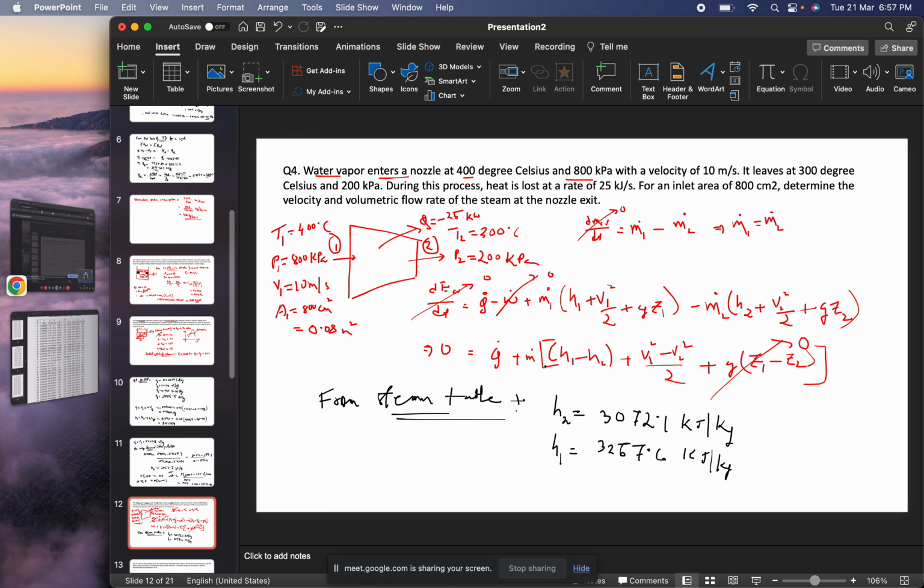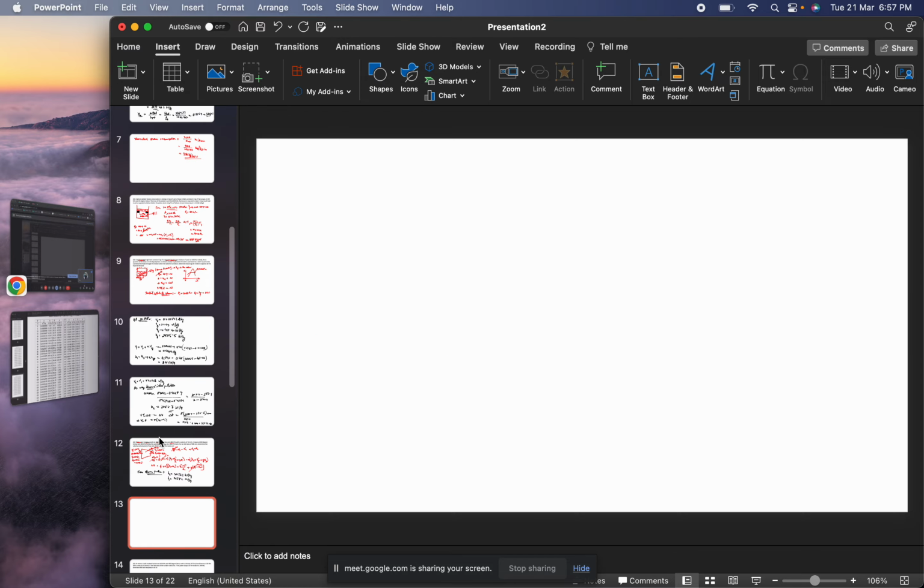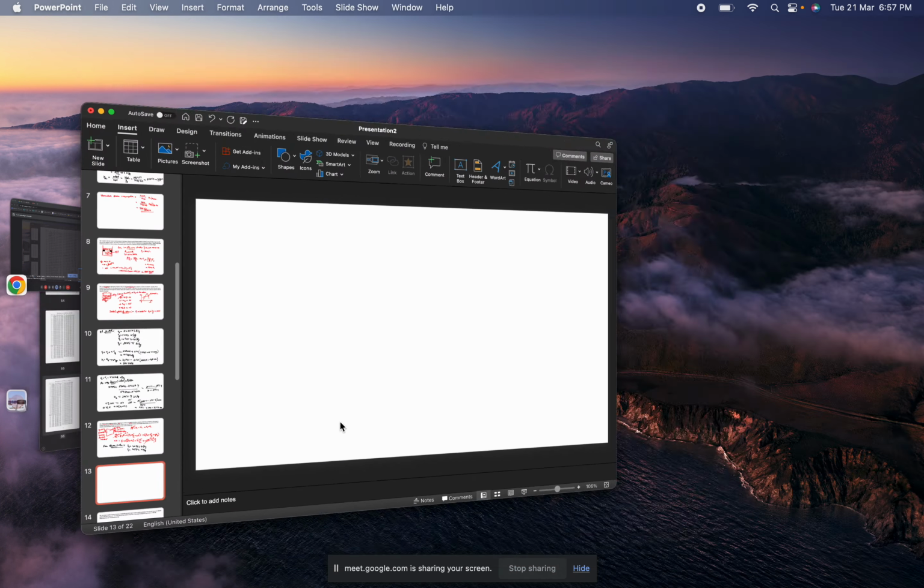I need to calculate V2, but for that I need to know m dot. So m dot is equal to m1 dot, and m dot is also equal to m2 dot. m1 dot equals rho 1 a1 v1, and m2 dot equals rho 2 a2 v2.